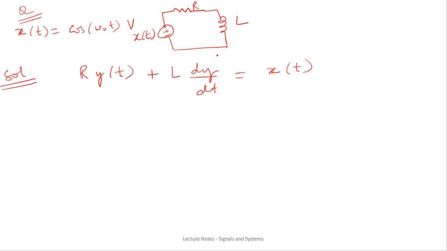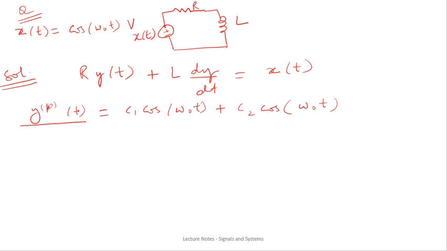Now we assume a particular solution of the form: C1 cos omega naught t plus C2 sin omega naught t. So you can replace y(t) in the differential equation by this y_p(t), and x(t) with the input given, that is cos omega naught t.